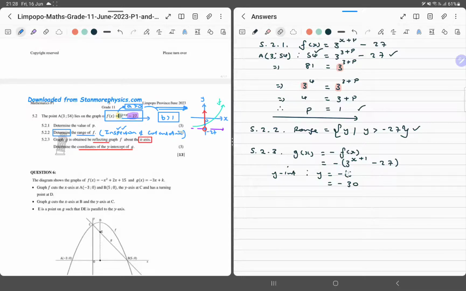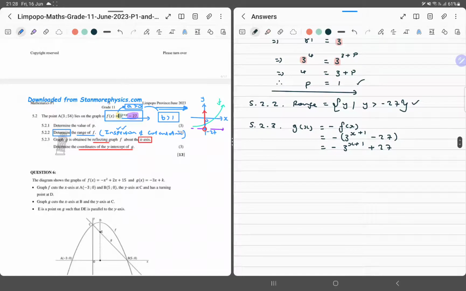That's why. So always, when you're doing these kinds of questions, understand if the question makes sense. Do you know why I know this is wrong? It's because my sketch says I cannot be below minus 27. So that's why I know this is wrong, to get a minus 30. So it means my simplification was not on point. So this is minus 3 to the x plus 1 plus 27. So this one switches positions. Right.